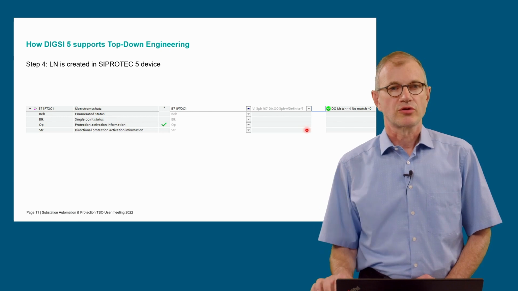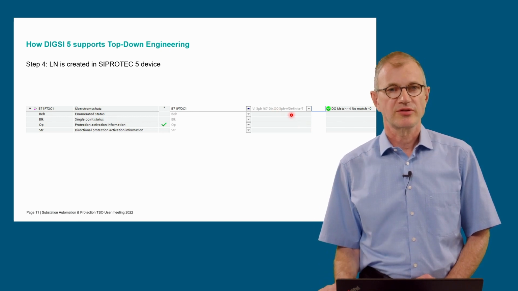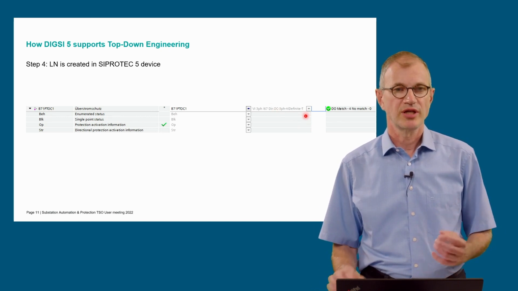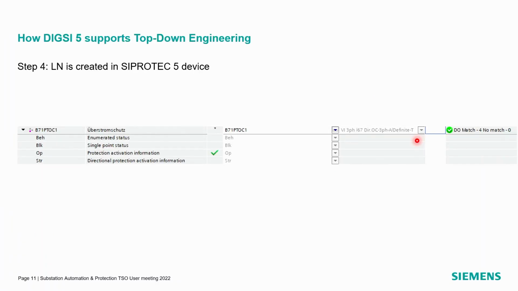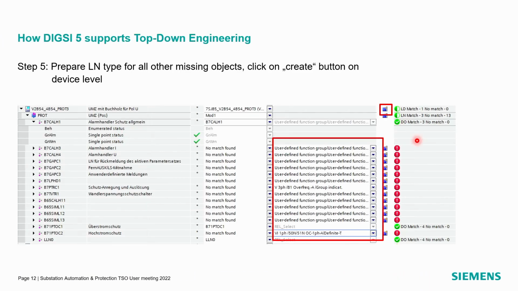Then this is created here, and the nice thing is that this PTOC is then in the real device. It is created as functionality in the cProtect device and also visible if you click in the device in the PNV, of course. You can then repeat it. It's also a sort of type here.